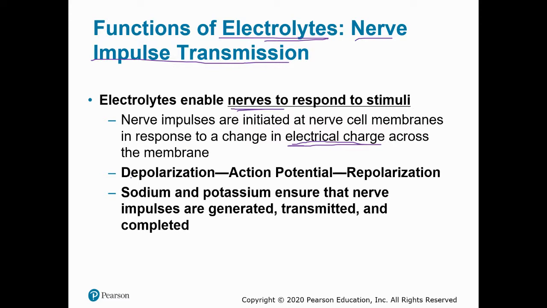So if you took anatomy and physiology, or physiology specifically, you might know the process of depolarization, reaching the action potential, and then repolarizing. Sodium and potassium are 2 of the electrolytes that are most notable in this process.